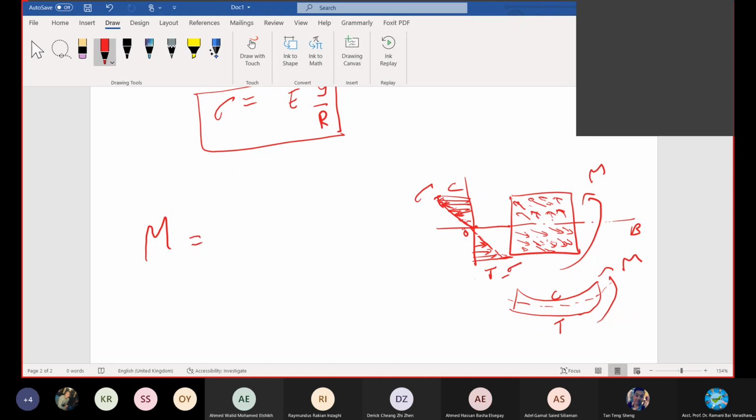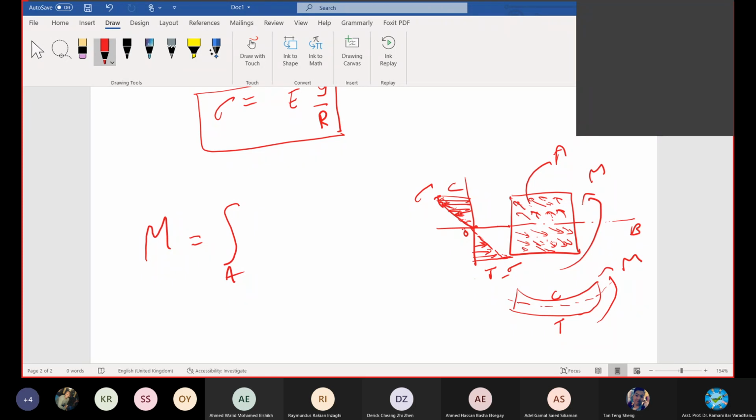The stress is negative at the bottom, very high at the bottom. To calculate the overall value, the net value of the stress acting due to this moment, you can integrate by taking an elemental area. When you integrate over the limits or over this area, say the cross-section area of the element is A, integrate over the area and then multiply the values one by one.